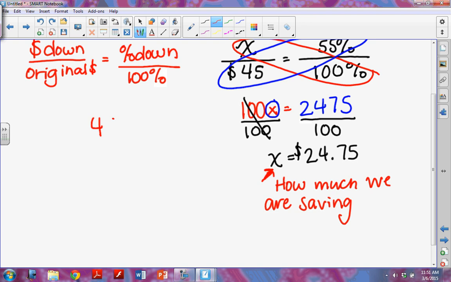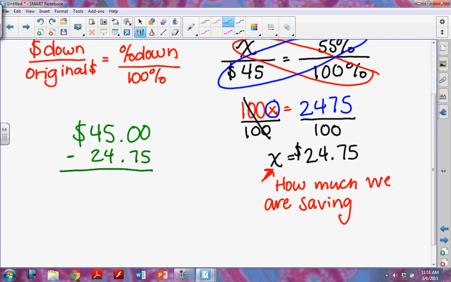So I've got 45, I don't want to use red, let's use a different color because we're saving money. So that's going to put us in the green. So I'm going to have $45. Since I know that it's money, I can go ahead and put those 2 zeros there for placeholder, minus 24.75. So now let's subtract.